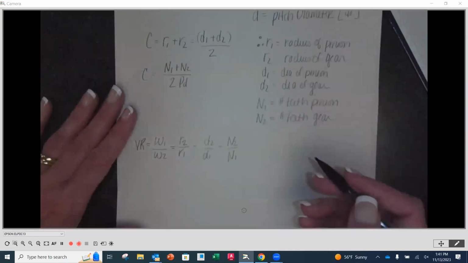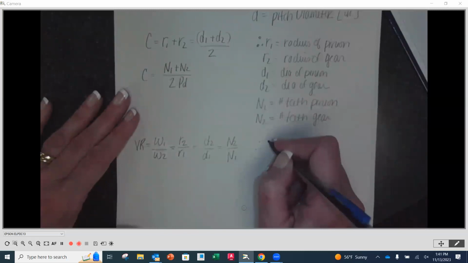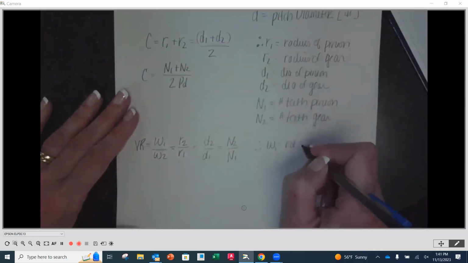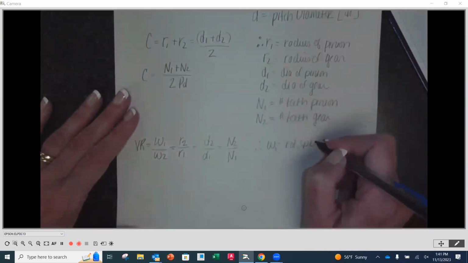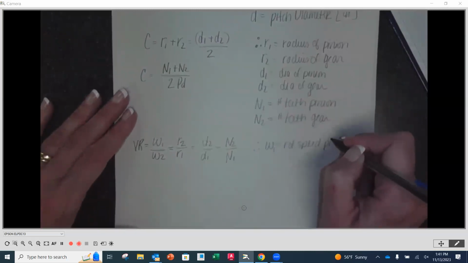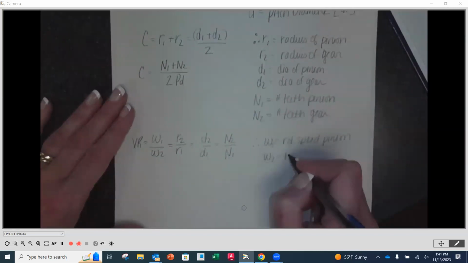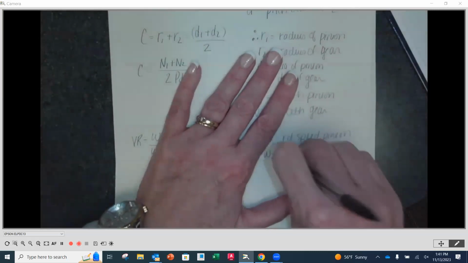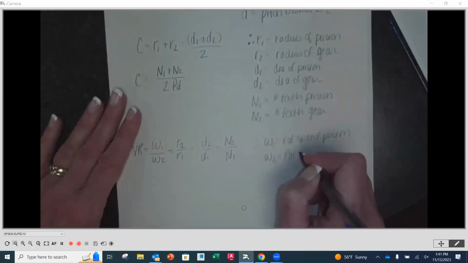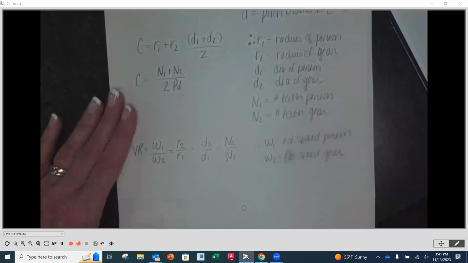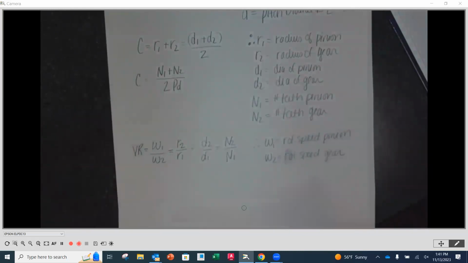Now the only ones that we need to identify here are W1, which is the rotational speed of the pinion, and W2, which is the rotational speed of the gear. And then our R's and D's and N's are identified above.